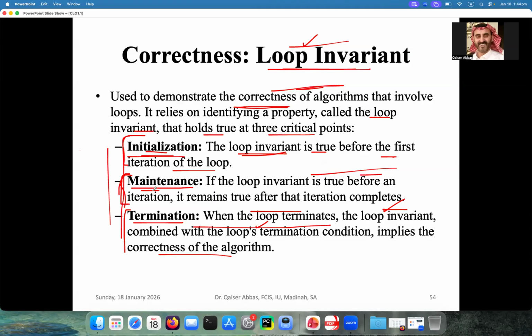Termination: when the loop terminates, you have to show that your loop invariant combined with this terminated situation is true. And if it is true, then you can say your algorithm is correct. And if it is false, the algorithm is false.